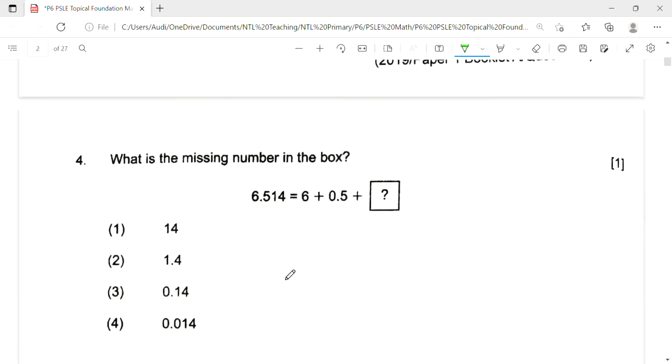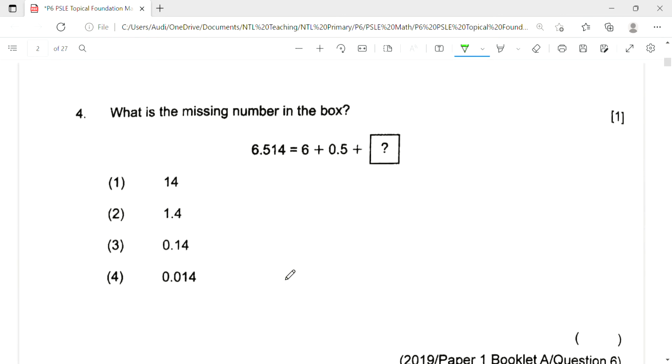Now we look at question number 4. What is the missing number? We can just add this up. So we get 6.5. So 6.514 equals something plus something. To get this something, if you cannot recognize it, then you try with something that you know. 3 equals 2 plus 1.